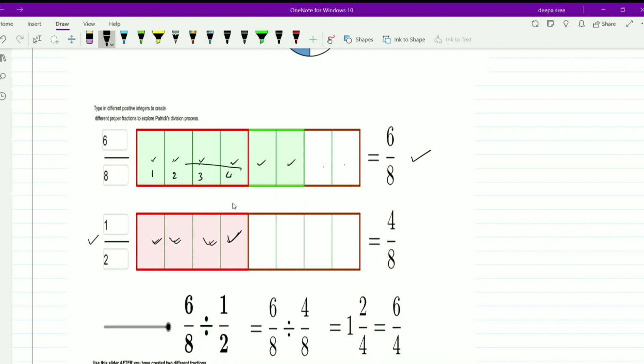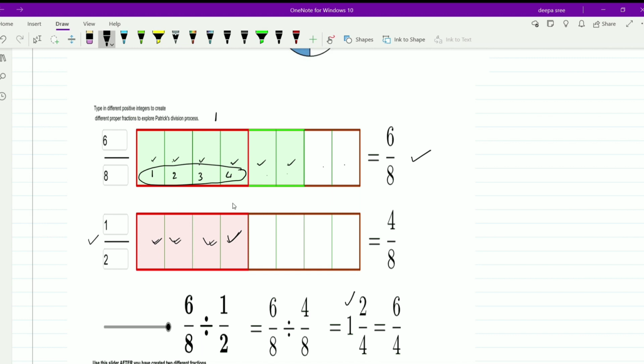This pink color, 4 parts, I have filled in these boxes. So that is one group of 4 parts over here. Now what is the left out group here? 1, 2 parts, the 2 shaded parts are left out. Therefore we can say that 6 by 8 divided by 1 by 2 is equal to 1.